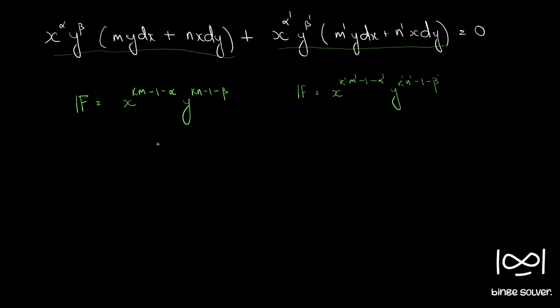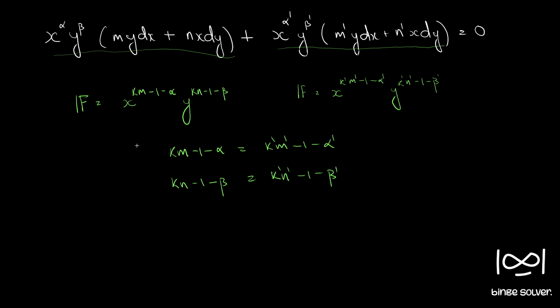So if you find k and k dash such that km minus 1 minus alpha equals k dash m dash minus 1 minus alpha dash, and kn minus 1 minus beta equals k dash n dash minus 1 minus beta dash, then you use these two equations and solve for k and k dash such that they satisfy both equations.